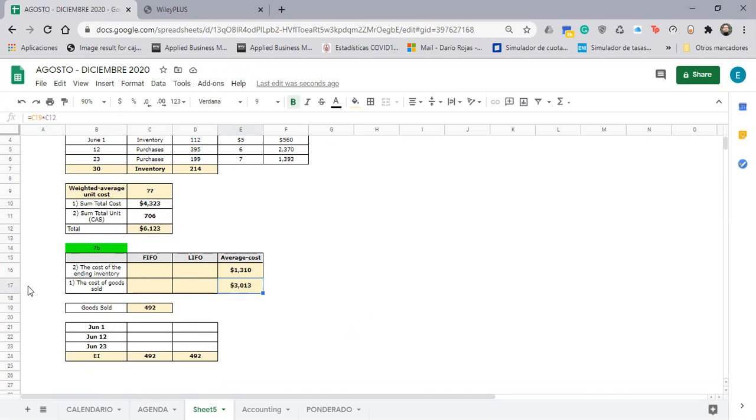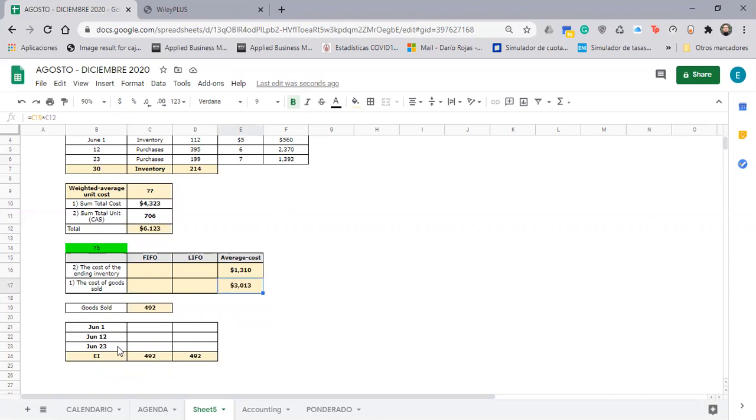In order to find the cost of the goods sold, the LIFO rules teach us that we need to take from the last ins of units purchased the first outs of goods sold. We know that the goods sold were 492 units. So we need to match that amount with enough units according to the purchases from the specific dates.